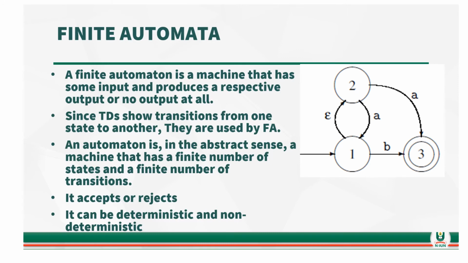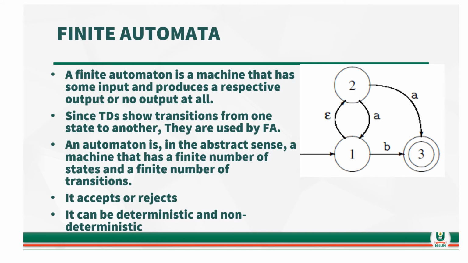This takes us to what we call the finite automata. We have a finite automaton to be a machine that has some input and produces a respective output, or no output at all. Of course, since transition diagrams show the transition from one state to another, transition diagrams are used by the finite automata.